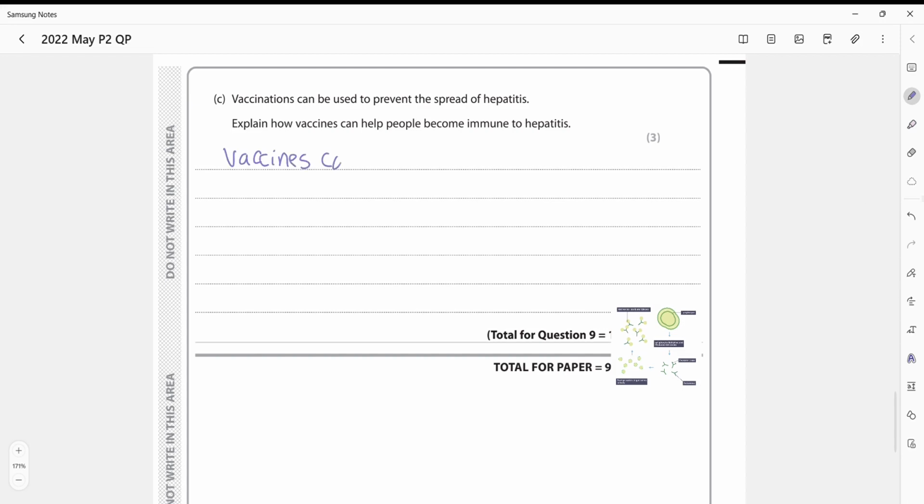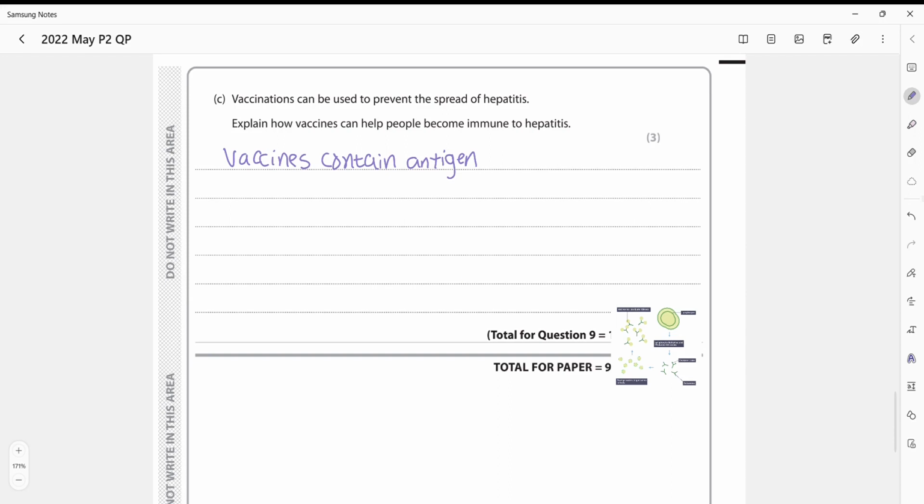So vaccines contain antigen. So antigens are basically found in the surface of either the viruses or any sort of pathogen that would activate the immune system, right?